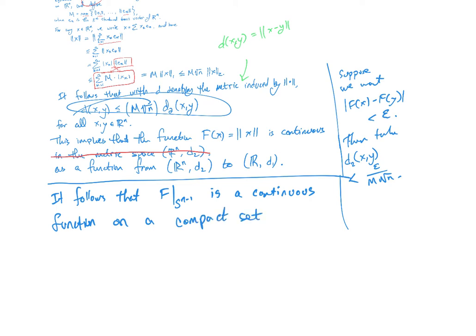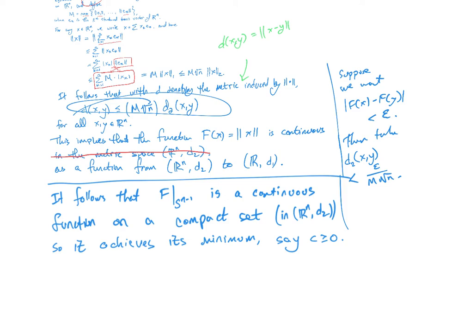Let me just be clear, I'm talking about the Euclidean space right here. So it achieves its minimum. This is the extreme value theorem. Give that minimum the name little c.